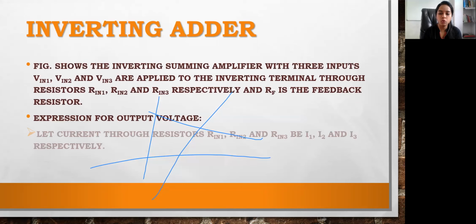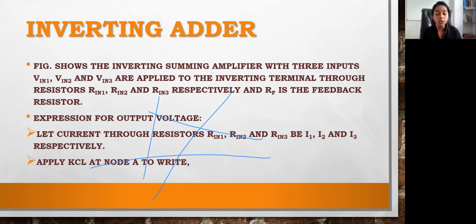To derive the equation, we have three resistors and three currents across them. If we apply KCL at node A, we can write I1 plus I2 plus I3 is equal to IB2 plus IF.